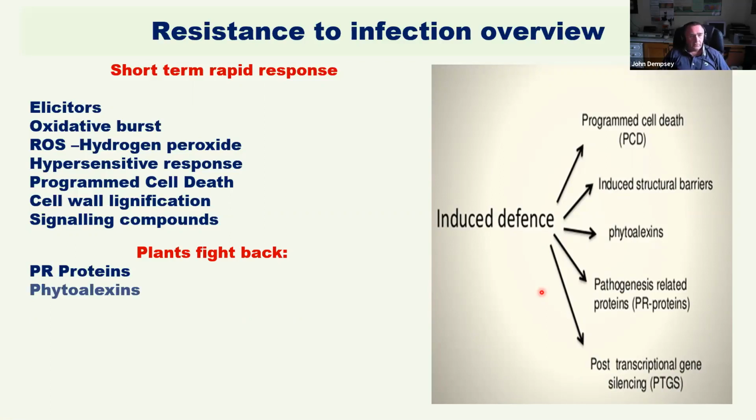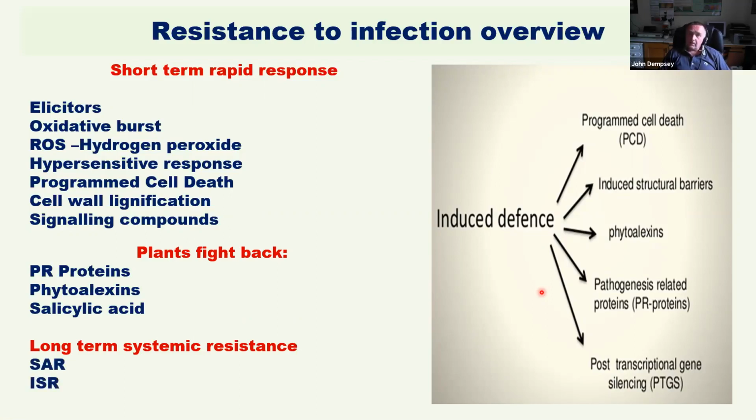PR proteins and phytoalexins are produced. Salicylic acid travels through the rest of the plant, inducing long-term systemic resistance, such as SAR and ISR. So that's the brief outline of defense responses in plants and turf grasses.